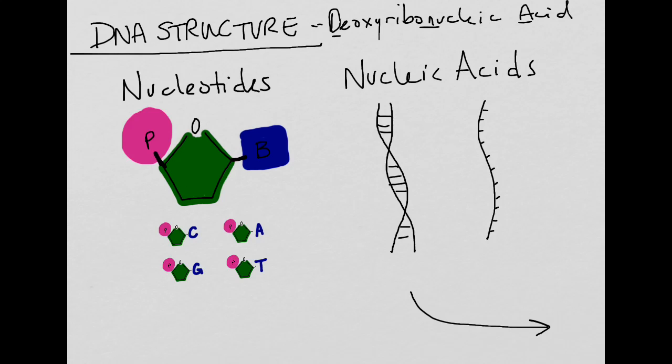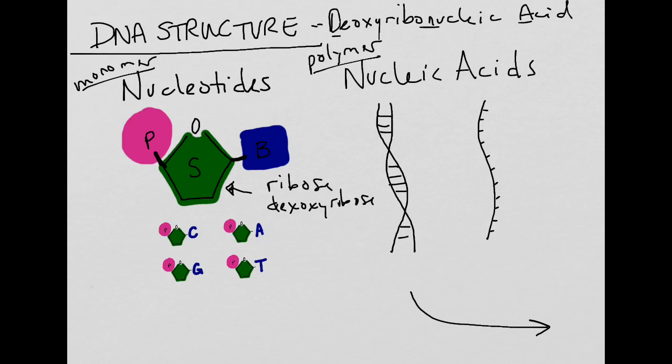So the monomer in DNA is the nucleotides, and the polymer is the nucleic acid. So the subunits, nucleotides, look like this picture that I've drawn here. They will have a sugar. This sugar, for all nucleic acids, will be either ribose or deoxyribose.